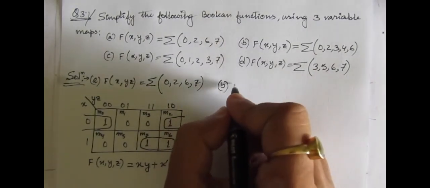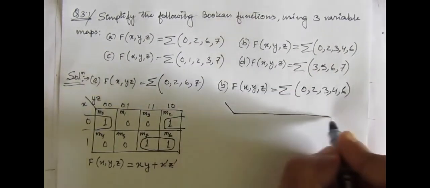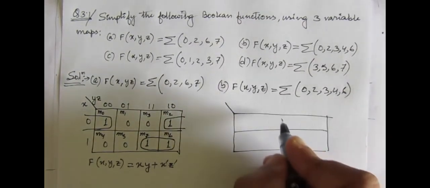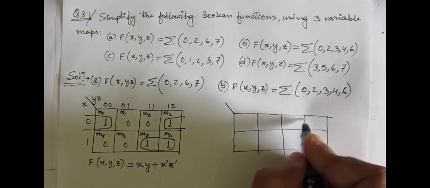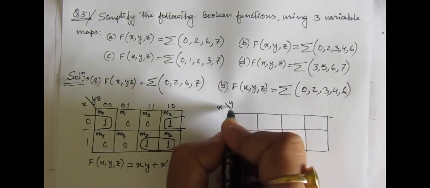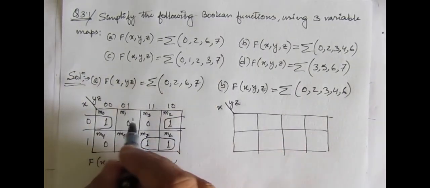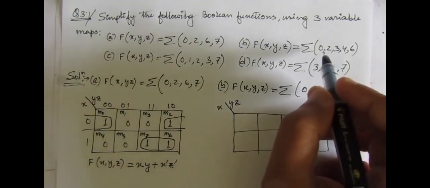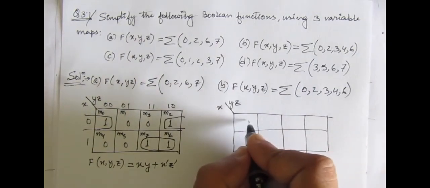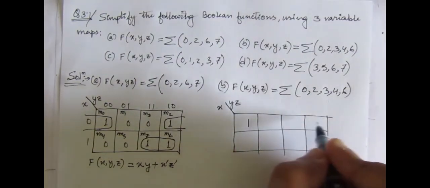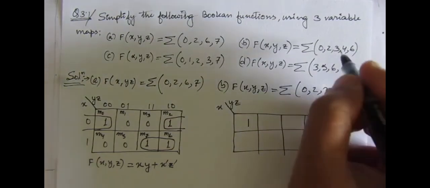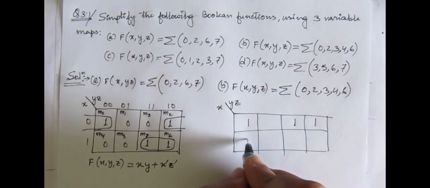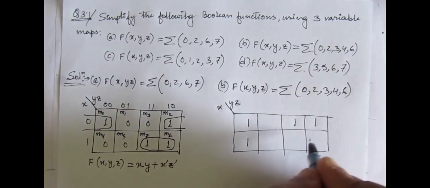For part B, similarly we have to make a 3 variable map. x, y, z. I am not writing this m0, m1, m2, m3, I will directly put the values. 0, 2. 0 is 1, then 2 is 1, then 3 is also 1, then 4, 5 is absent, so 6.